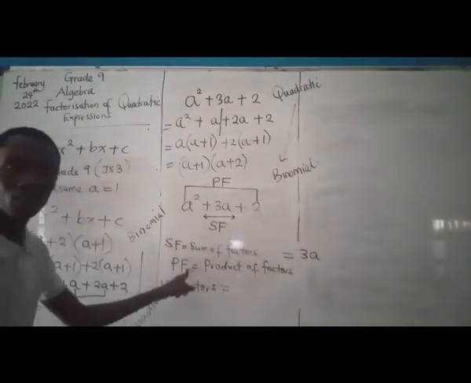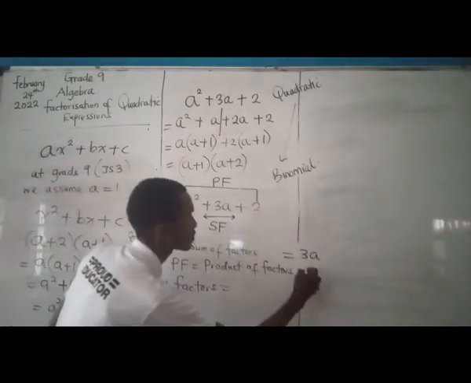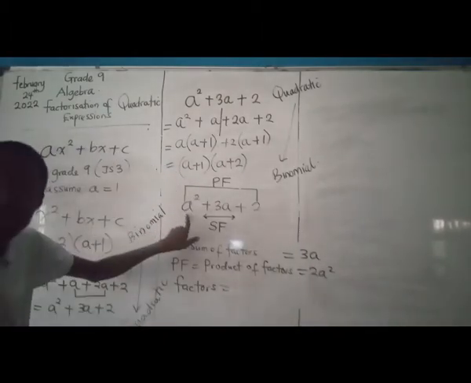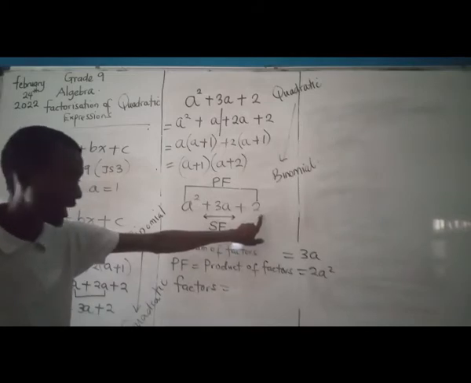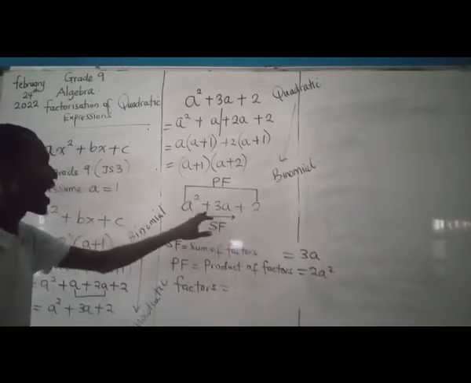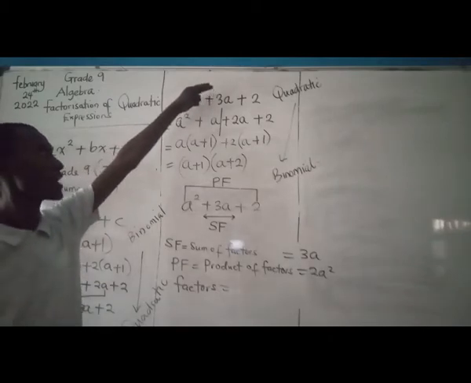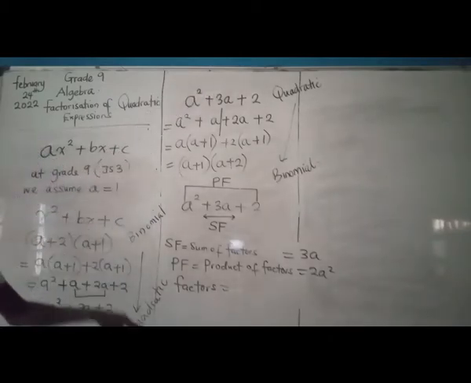The product of factors in this case is 2a squared. How did I get that? I multiplied the first and the last term together. How did I get this one? By adding the terms. We saw that from moving from binomial to quadratic. That's a callback.